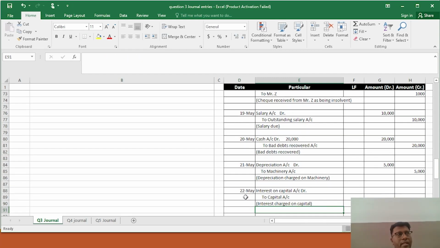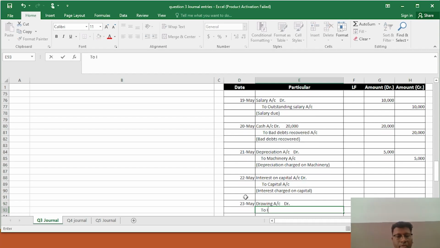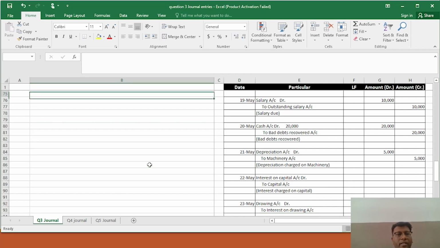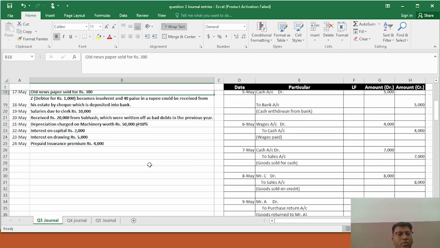And the next entry is 23rd May. It is interest charge on drawing, so it is the opposite of the capital. So drawing account debit to interest on drawing account, right? And we have to check exactly what is the particular value as per the question, right?